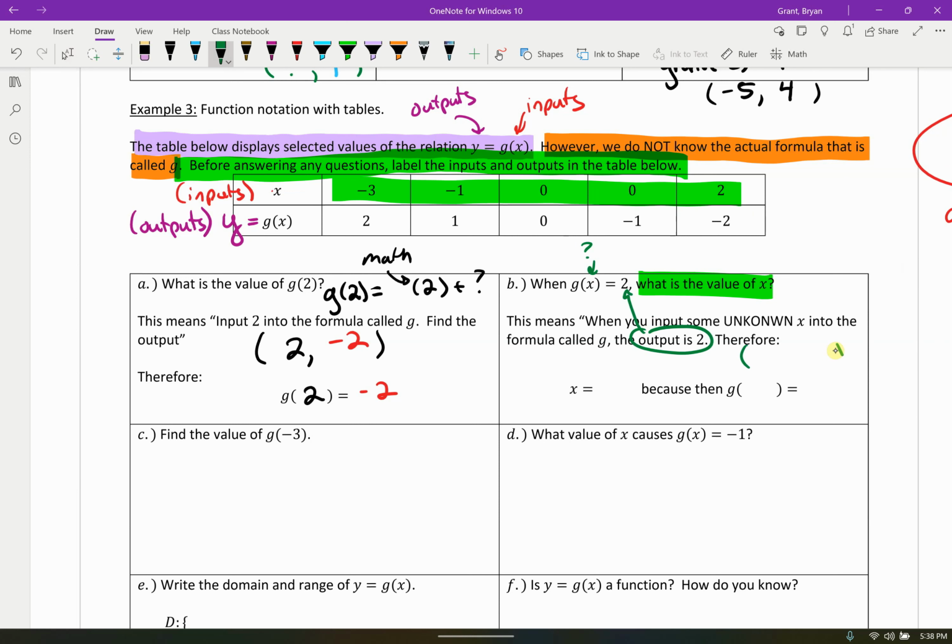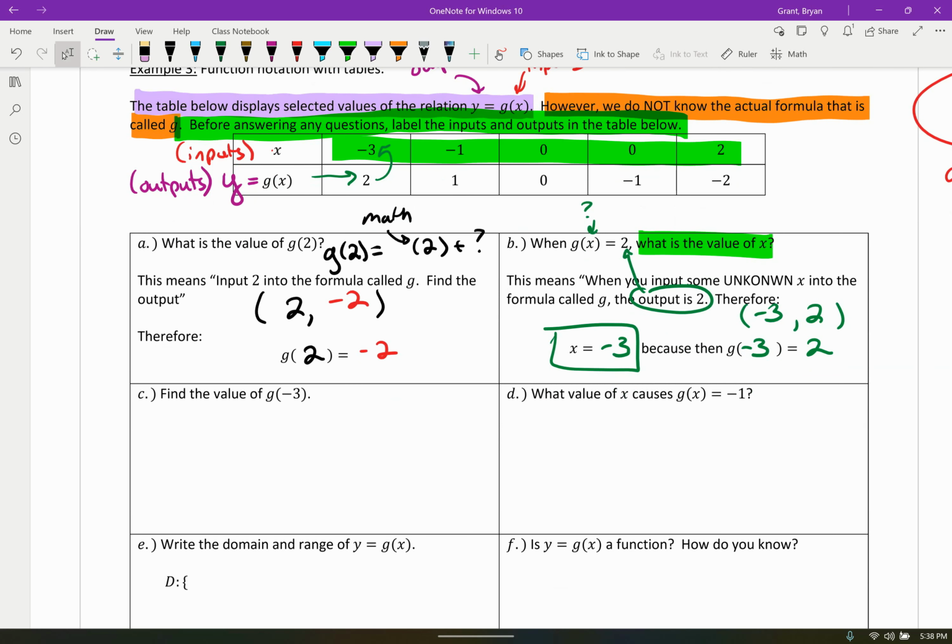So essentially here they're saying we know the y, we want the x. So let's look at the y's. Where is there a y of 2? Oh, right here. That's fine. And so what is the x? The x is negative 3. So x is negative 3 because according to this table, g of negative 3 is 2. So this is the answer we're looking for.